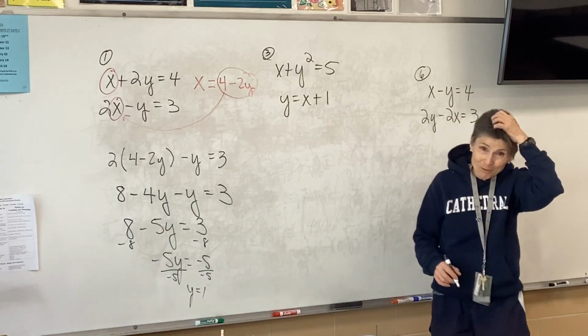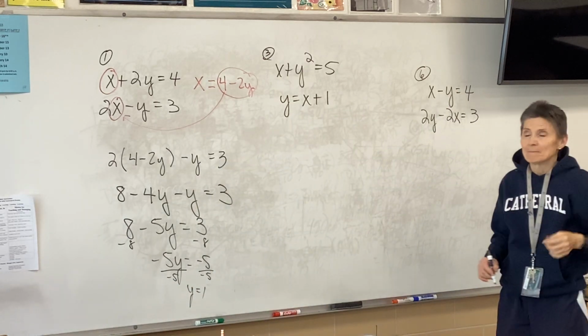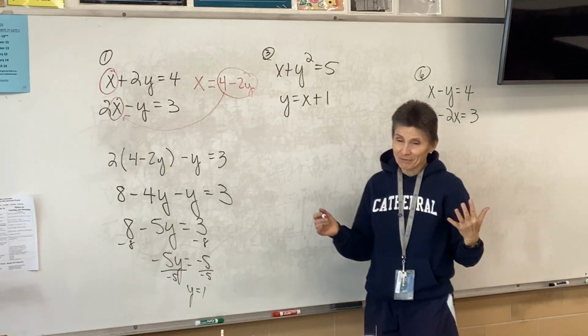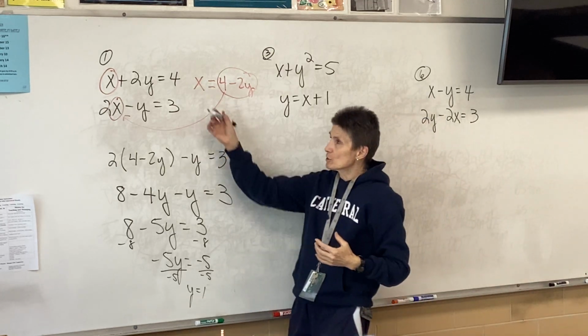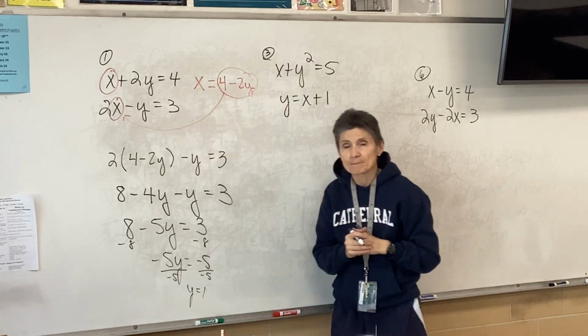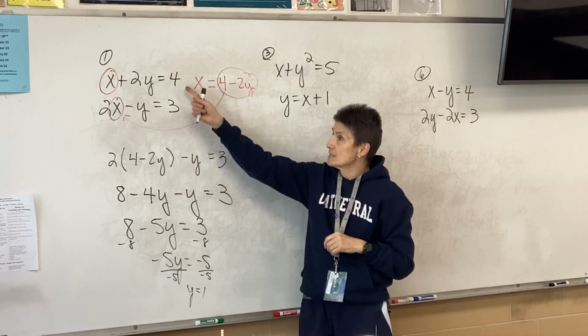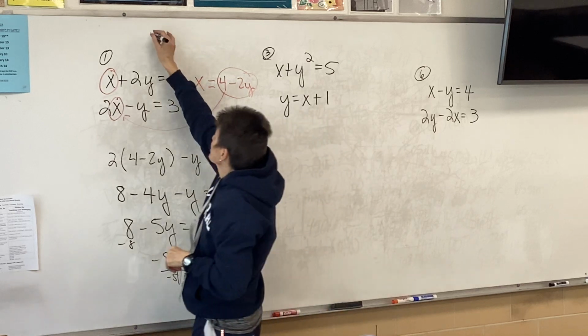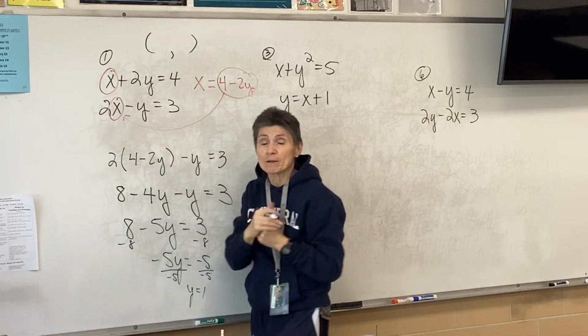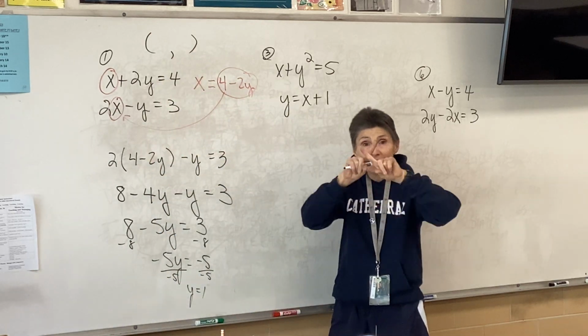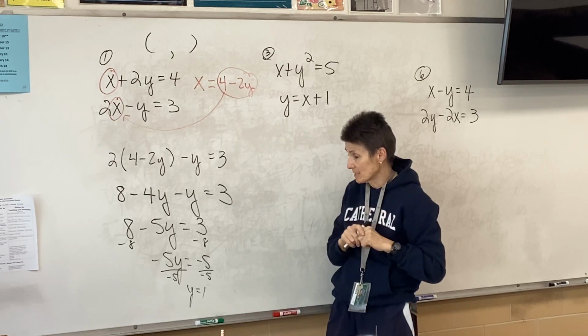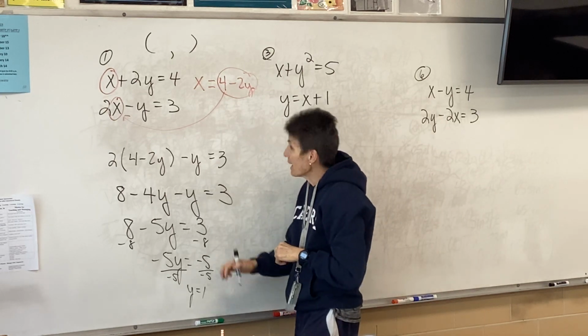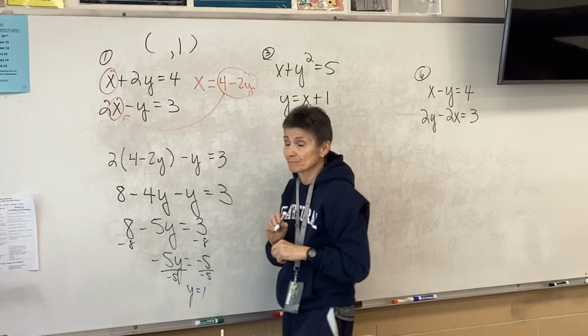Now, you might remember from when you did these before that that's not enough. You're not done. When you solve a system of equations, you are looking for where these two lines cross each other. So your answer is going to be a point. It's going to be an ordered pair, an x and a y, where they cross each other. So you have figured out that y is 1.